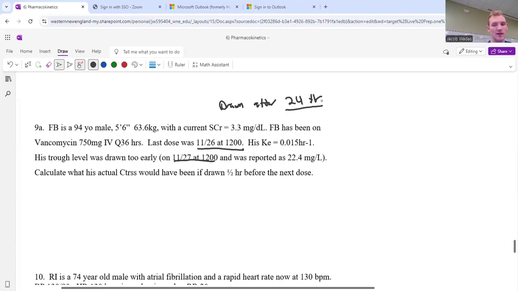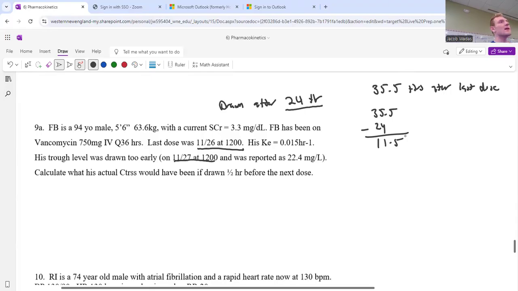Since he's getting it every 36 hours, we want our level to be 35.5 hours after the last dose. So we can do 35.5 minus 24, which gets 11.5 hours.